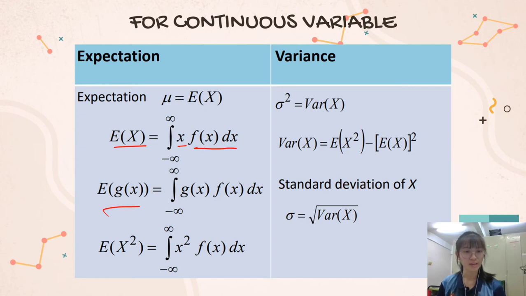If we want to find E(X squared), we integrate x squared f(x) dx from negative infinity to infinity. For the variance, we use this formula: Var(X) equals E(X squared) minus E(X) the whole squared. For the standard deviation of X, we just need to take the square root of the variance.